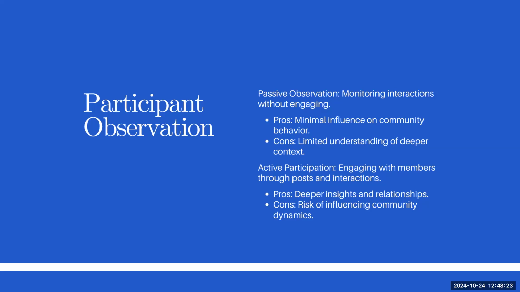Okay, perfect. All right, so for example, in the social media context that we have, passive observation would be lurking on a Facebook group or online forum, or simply reading posts and comments without contributing to the actual discussion. This approach is really unobtrusive, so you're not obstructing anything, you're not joining in.